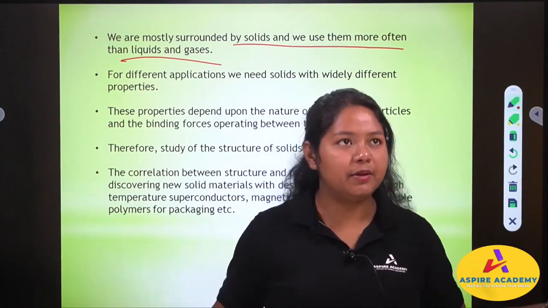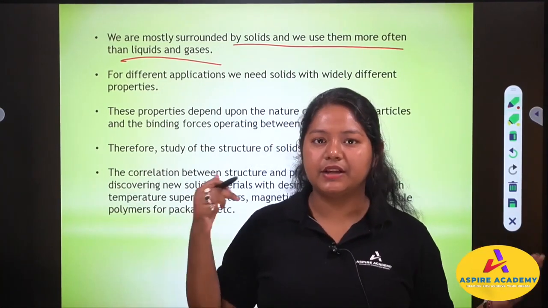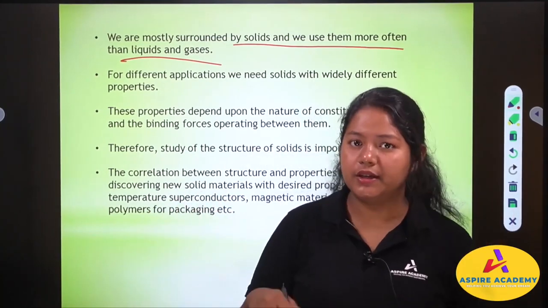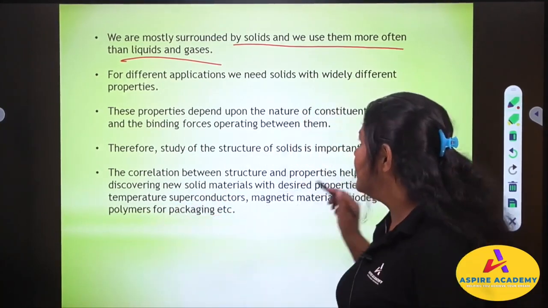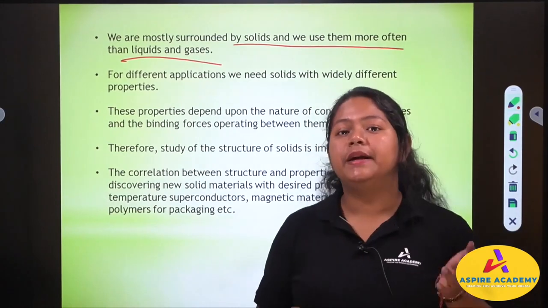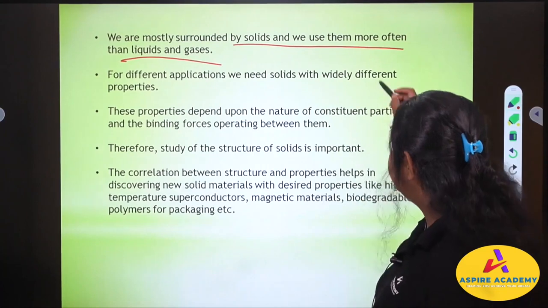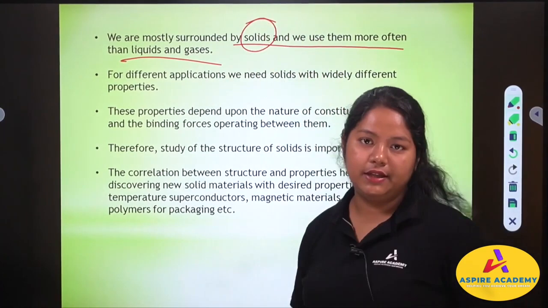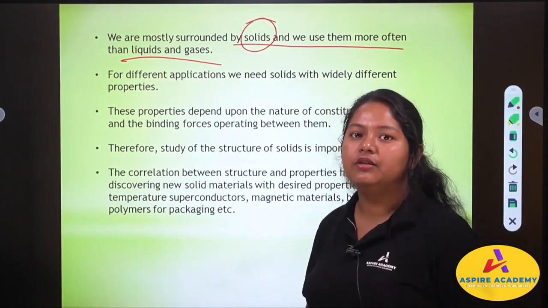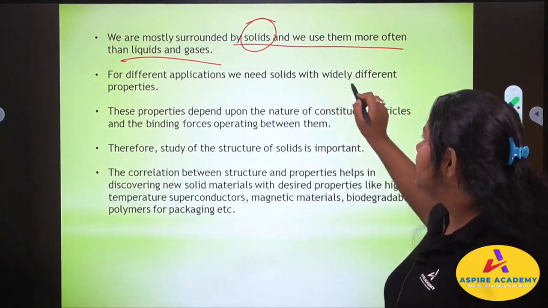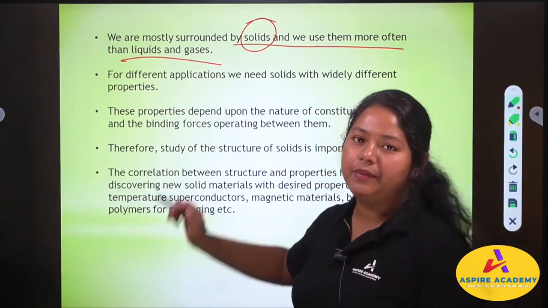And liquid, obviously we are breathing gases, carbon dioxide, oxygen, we are drinking liquid. So yes, liquid and gaseous are obviously there, but we are surrounded more with solids. Correct? You agree with me or you disagree? I hope you are agreeing. For different applications we need solids with widely different properties.